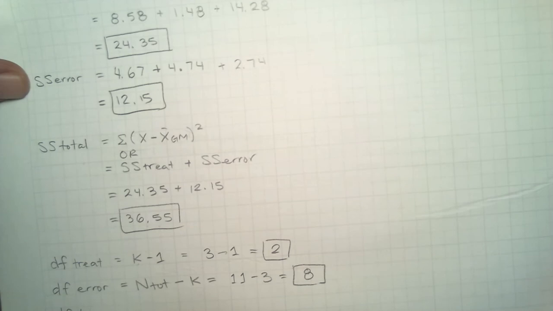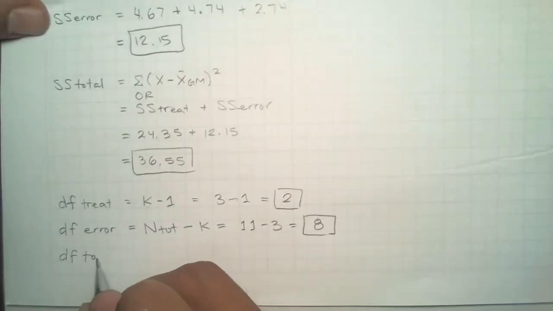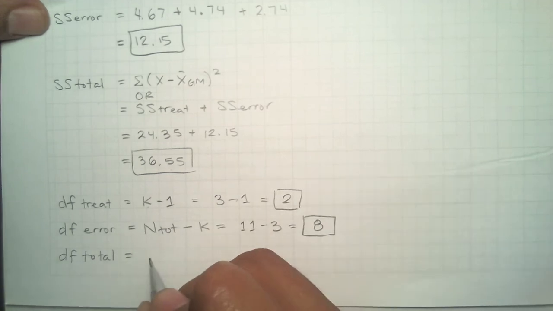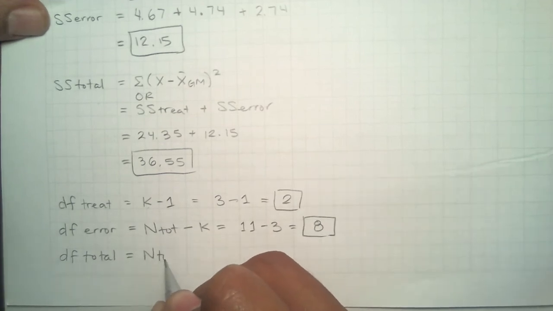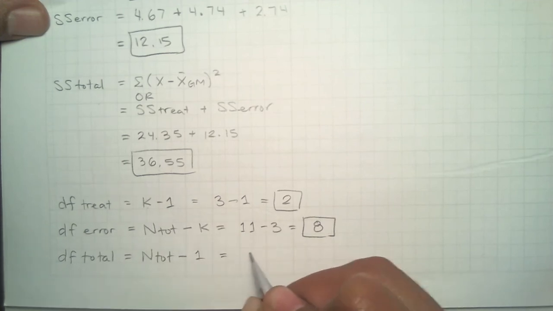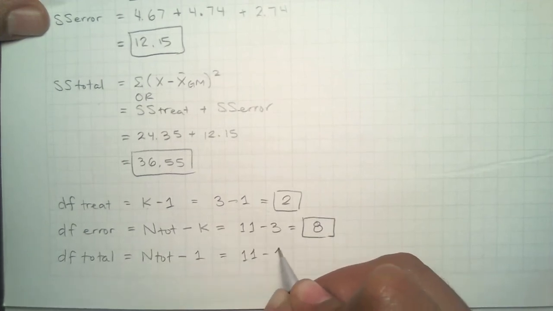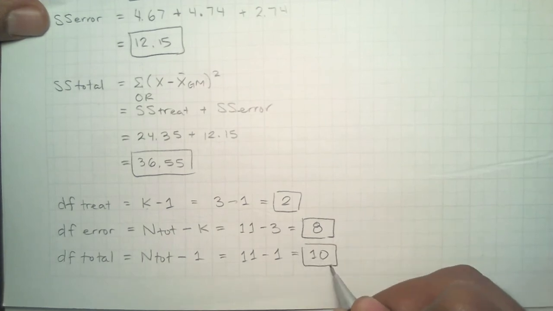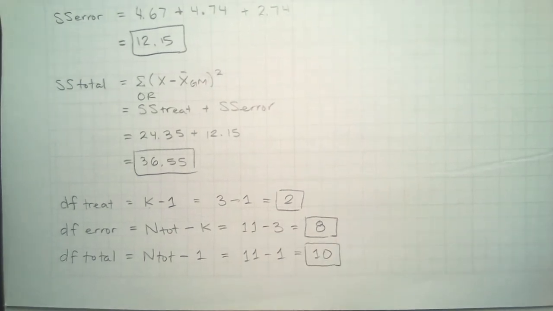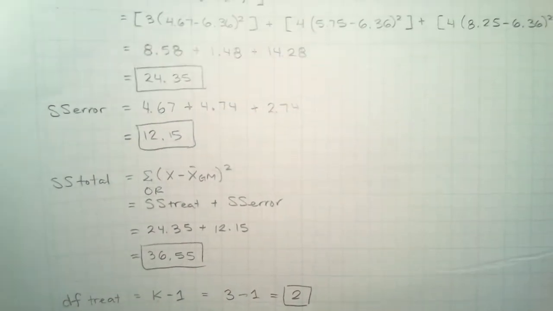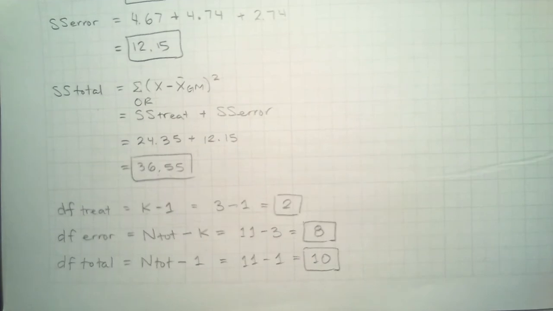Our df total is our n total minus 1. So that will be 11 minus 1 equals 10. Cool. So now we have our 3 SS terms and our 3 DF terms.